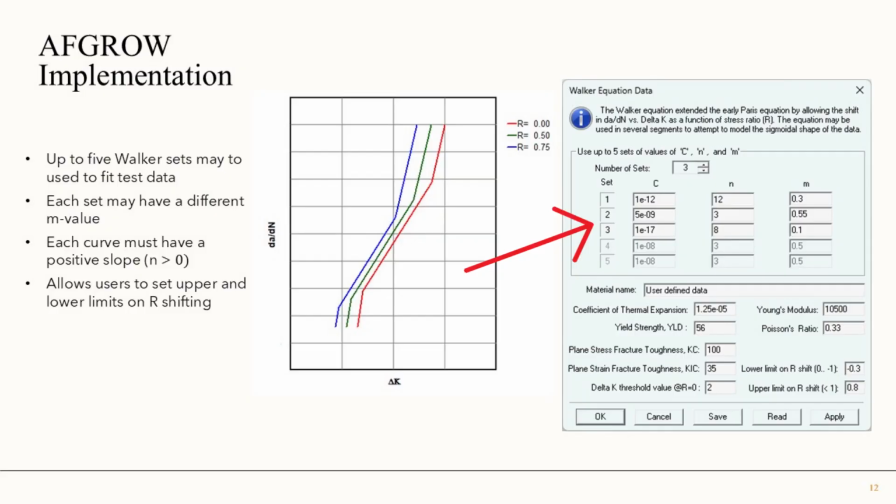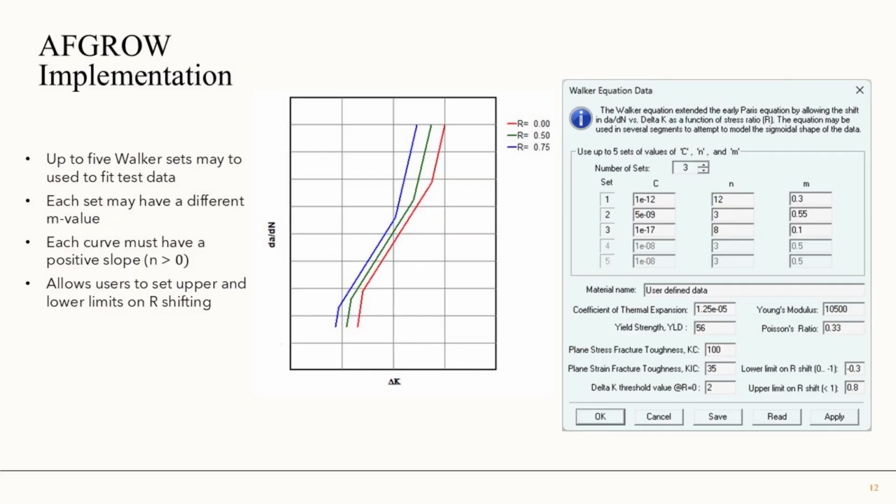For the Walker equation, since there's no way to capture the asymptotic behavior as we approach failure, allowing 2 more sets gives you the ability to break it into up to 5. In this case, you see 3 different sets to show the upper end, the mid-range, or region 2, and then region 1 towards threshold.